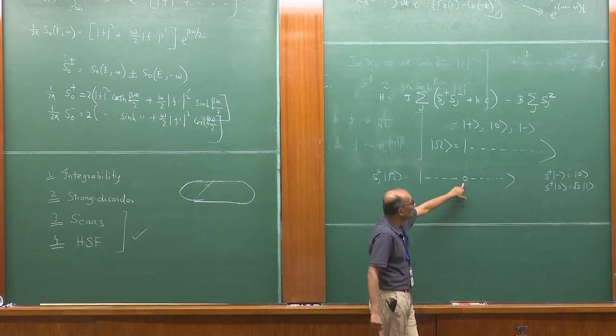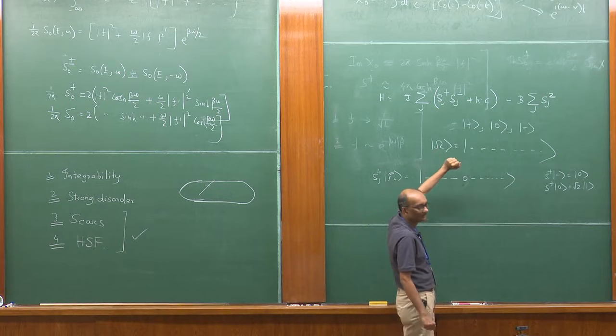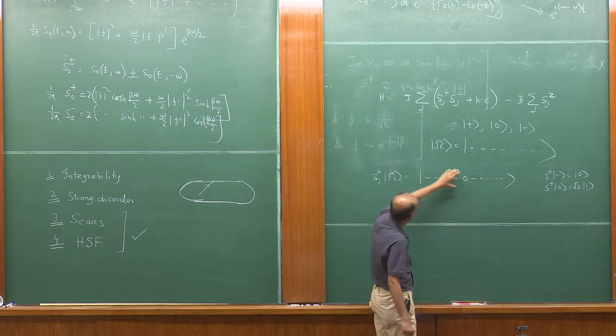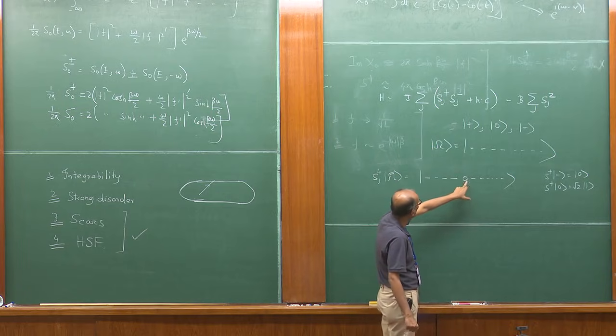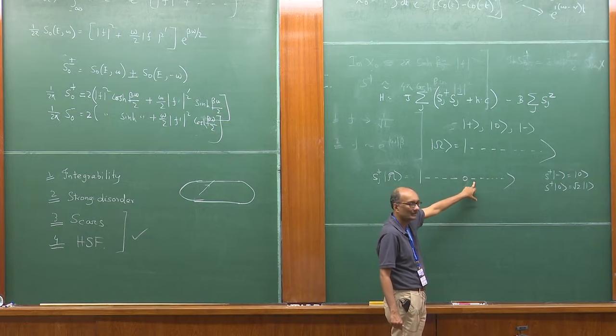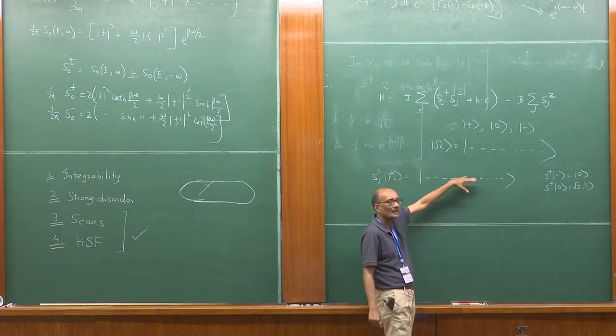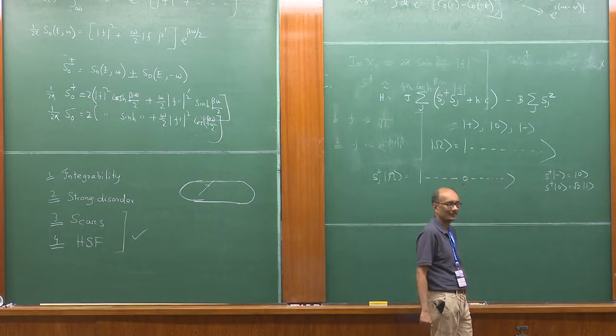But once you have this 0, think of the Hamiltonian acting on this state. This Hamiltonian can act on this state so as to convert this 0 into a minus and the neighboring minus to a 0. In other words, this 0 can move through the lattice by the action of the Hamiltonian.